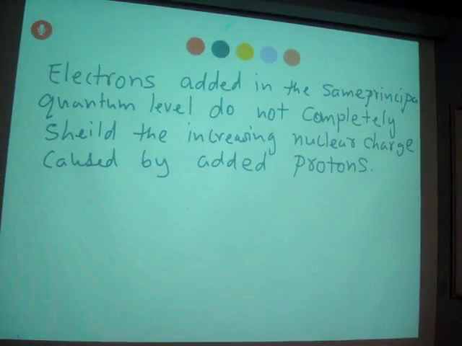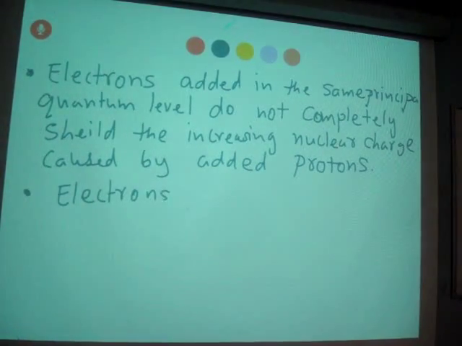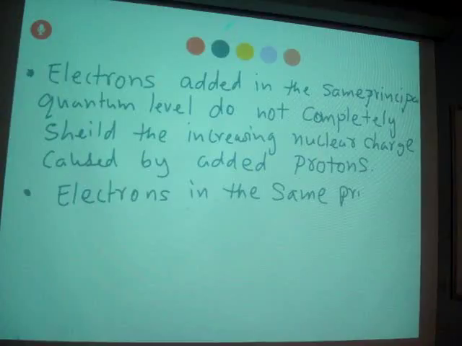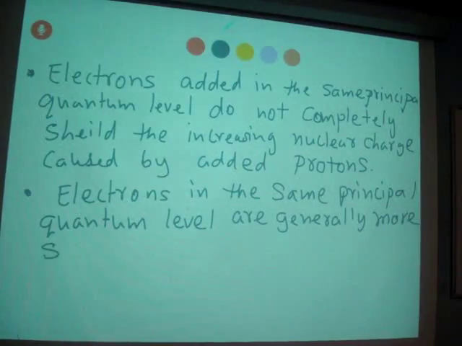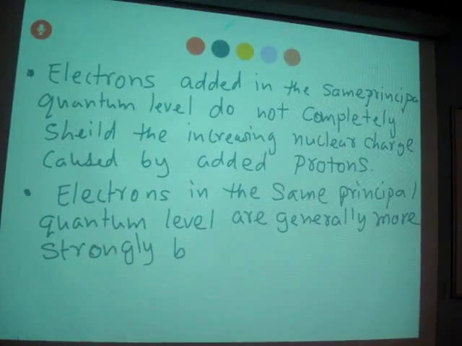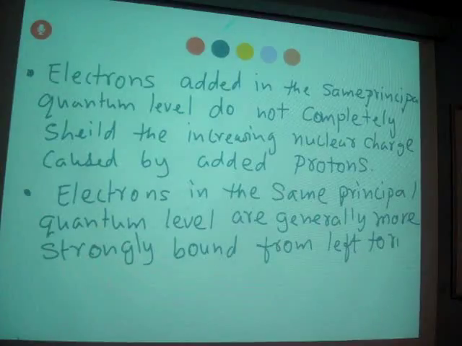So electrons in the same principal quantum level are generally more strongly bound from left to right, left to right on the periodic table.